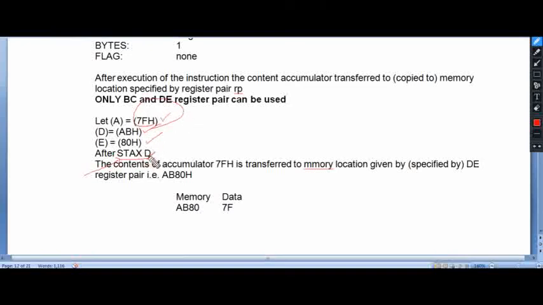Where to store? The DE register pair gives the memory, and at that memory location you have to store. Here the DE register pair gives the memory AB80. The number from the accumulator, that is 7F, is transferred to the memory location AB80.